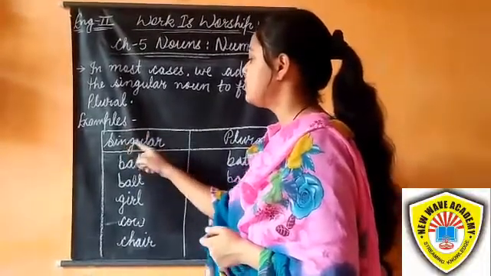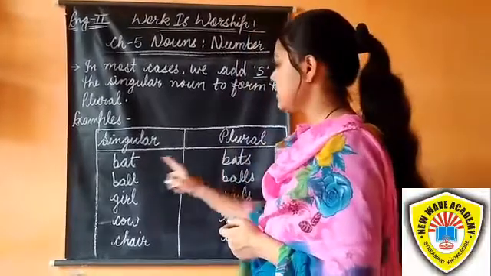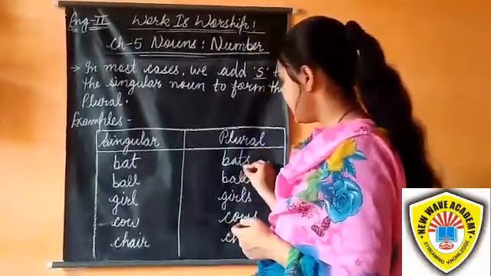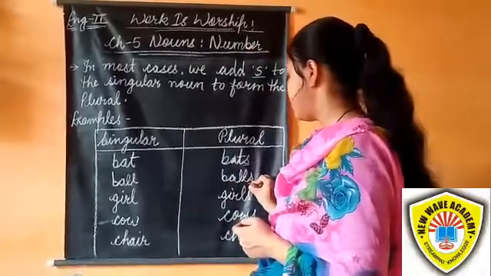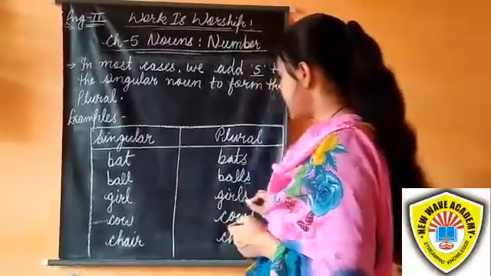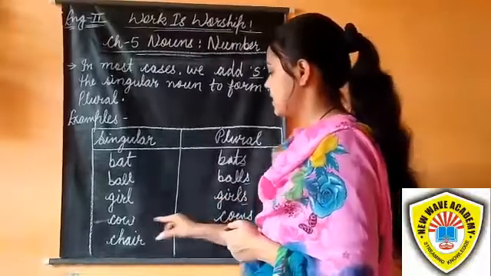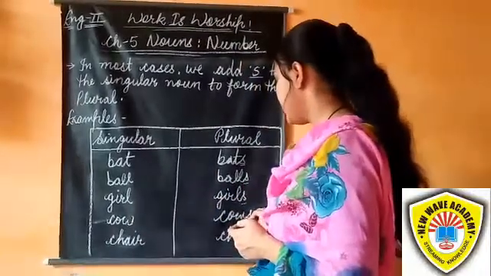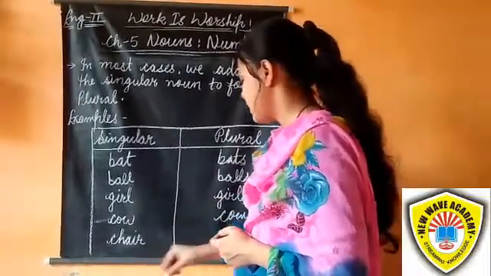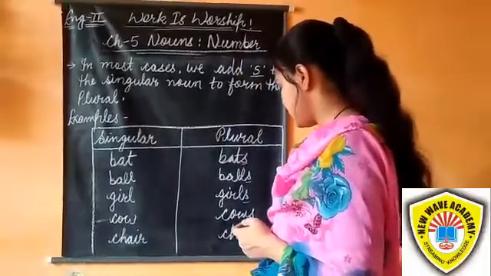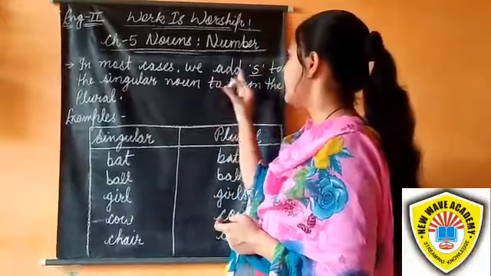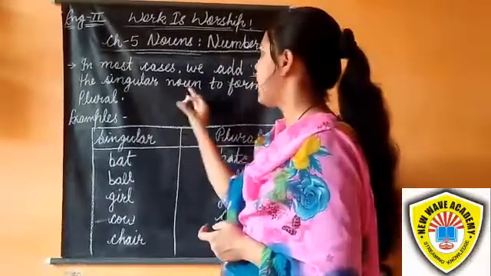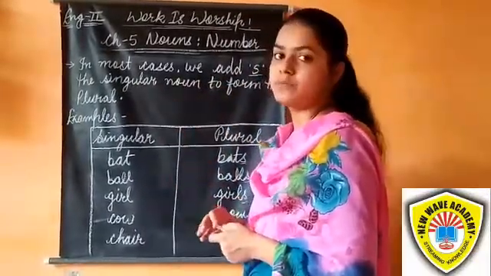For example, singular, plural: bat, we add s, bats. Ball, balls. Girl, girls. Cow, cows. Chair, chairs. So in most cases we add s to a singular noun to form the plural noun.